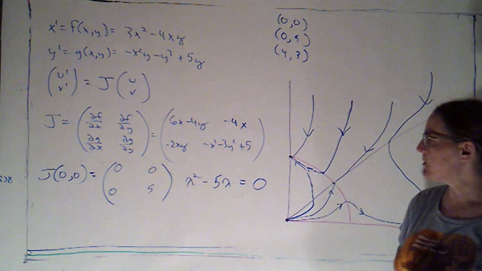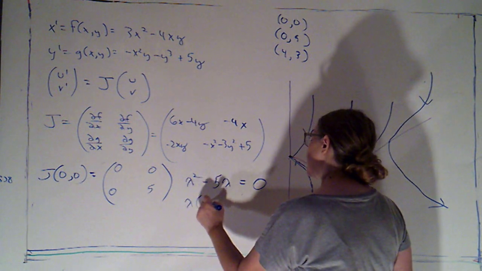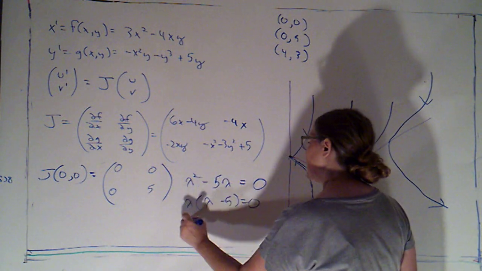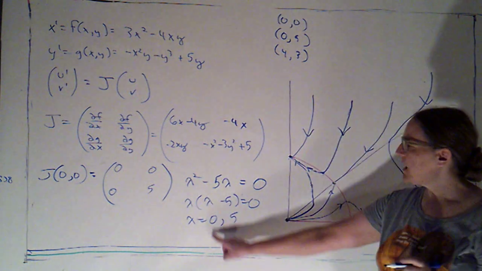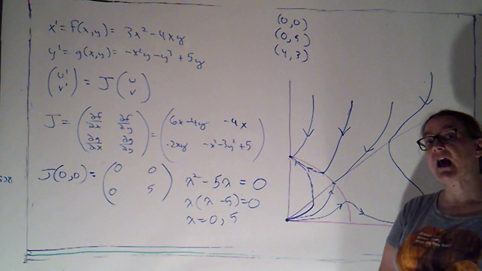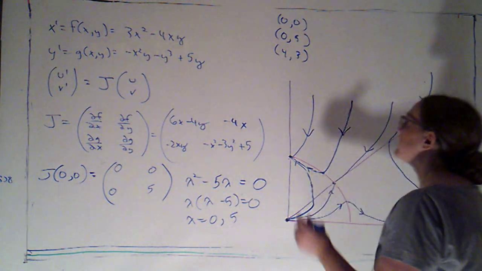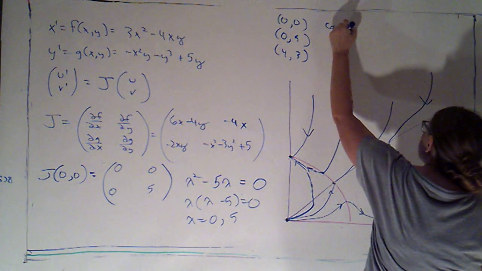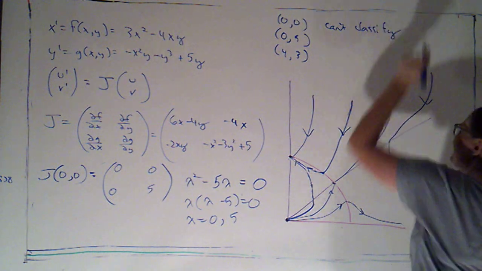So my characteristic equation is lambda squared minus 5 lambda equals 0. So that's lambda times lambda minus 5 equals 0. Lambda is 0 or 5, we can't classify this one. Remember, if 0 is an eigenvalue, we can't classify the equilibrium solution. So we're not going to get any more information out of the linear system in this case.